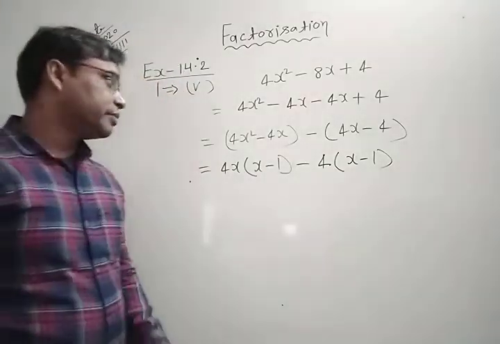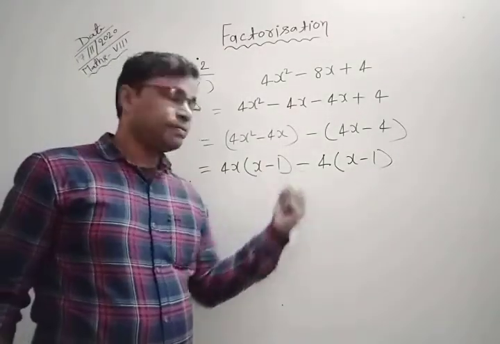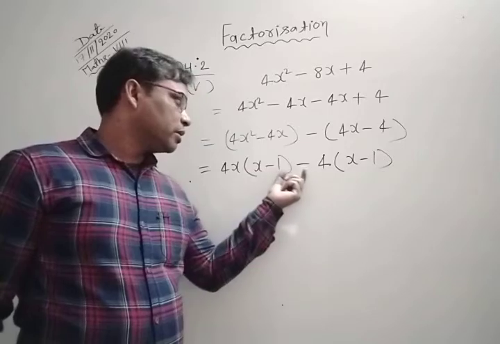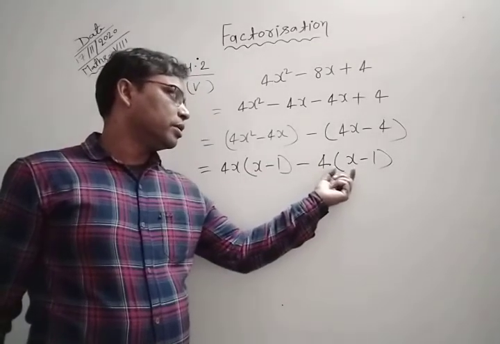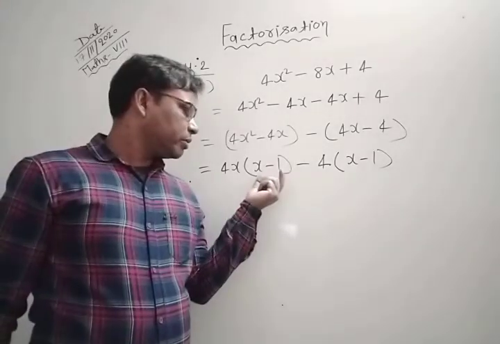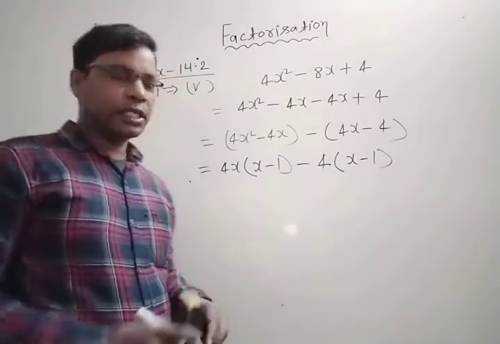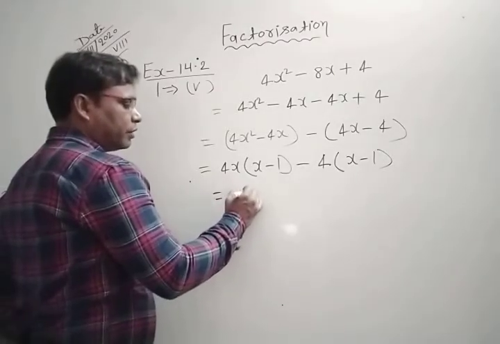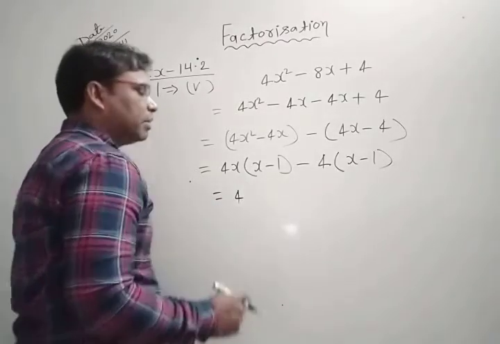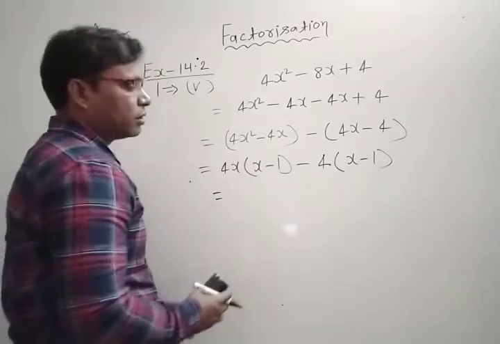Now here you observe what is common between them: 4x into x minus 1, minus 4 into x minus 1. So you can observe here x minus 1 is common between them in both terms.